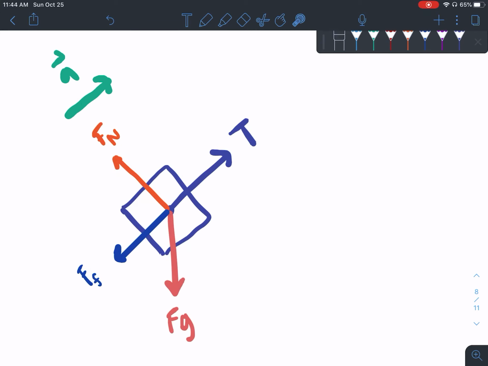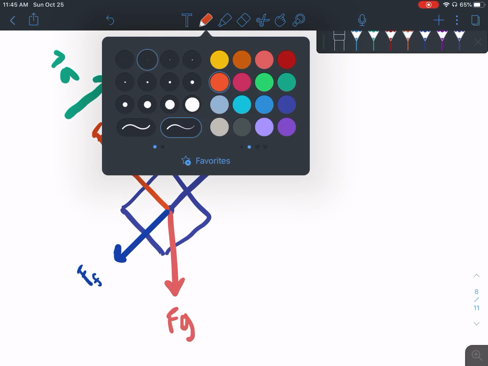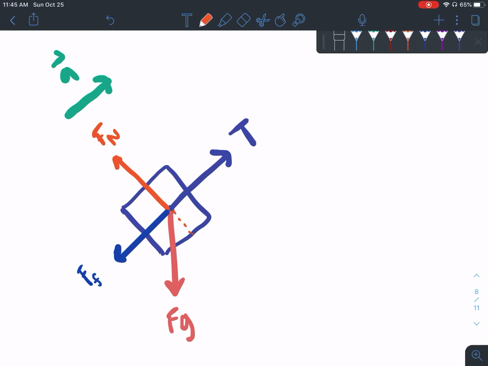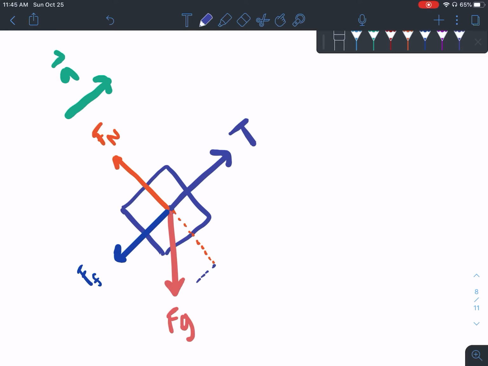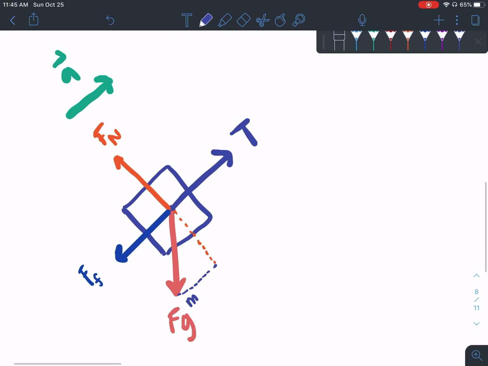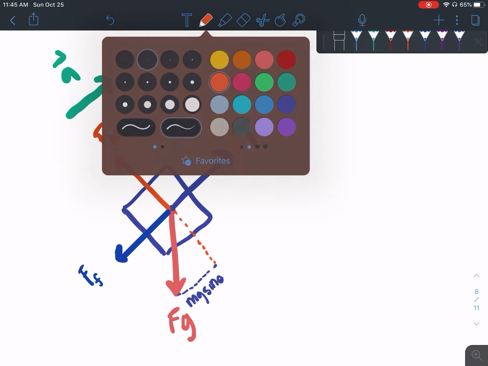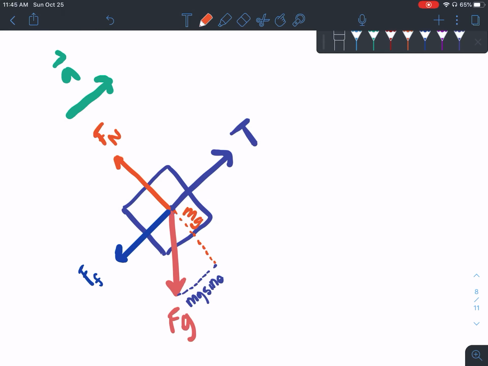Force of gravity over here though, it's not in the parallel or perpendicular direction, so I need to break it down. And so those are going to be the two components. This is going to be mg sine theta, and this one will be mg cosine theta.